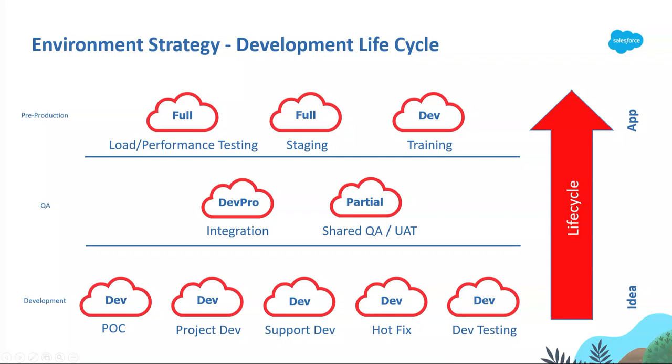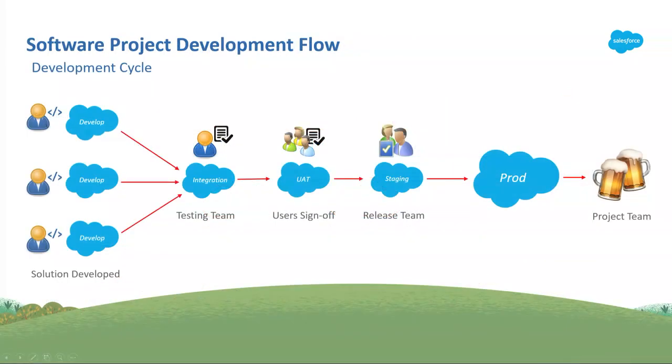In this scenario, we're going to be using developer sandboxes for dev environments like POC, project and support dev, hot fixes, and development testing. For environments that involve users coming in to do testing or require some actual data, we tend to use larger sandboxes like Dev Pros or your partial data sandboxes. And then, of course, for performance testing and staging environments, you can definitely use a full sandbox to facilitate those operations.